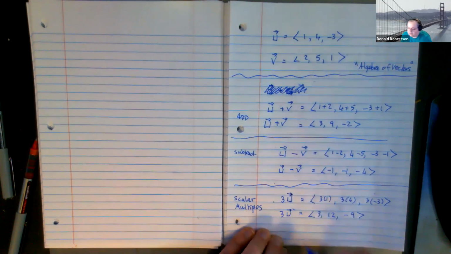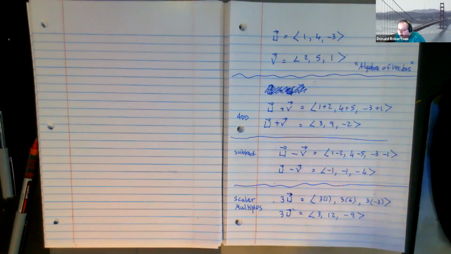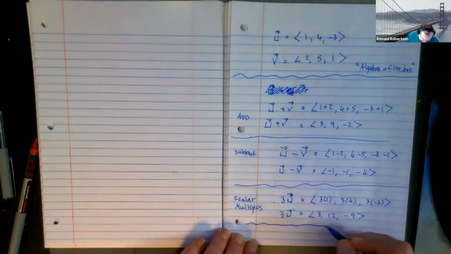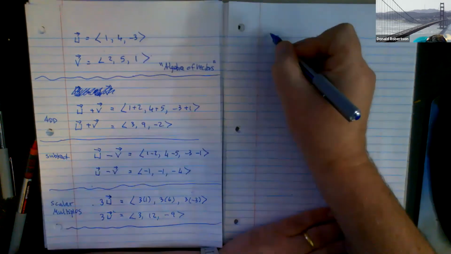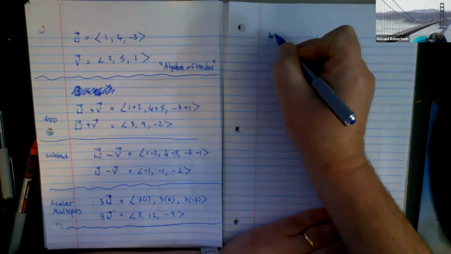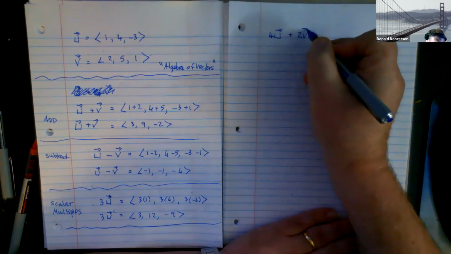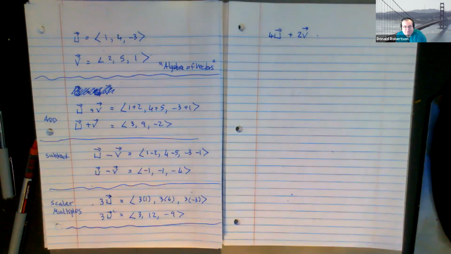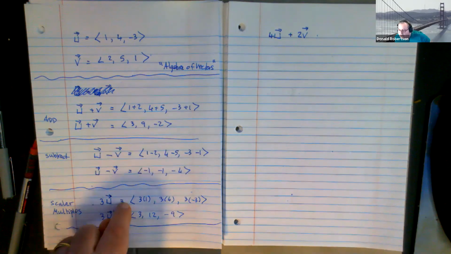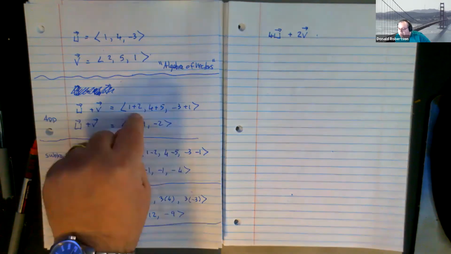Aren't vectors doing what vectors should do? They are being sensible. You add them the way you would expect to add them, you subtract them, and you multiply them by things like 2. What about 4u plus 2v? Well, isn't that really a combination of scalar multiples and some adds?